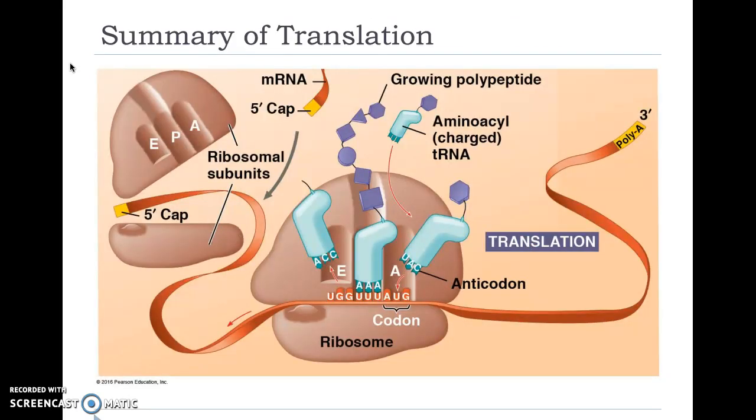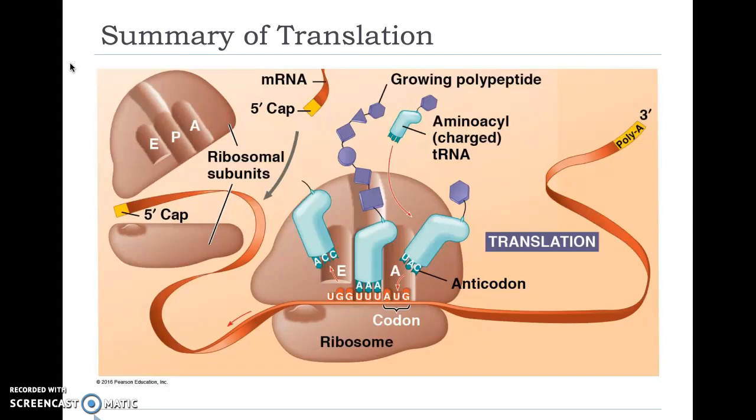This diagram is something that you should study and understand. There's a few important things on this diagram or picture. You can see on the left the brown blobs. That's the two parts of the ribosome. On the bottom is the small unit, and on the top, with the E, P, A, is the large unit of the ribosome.